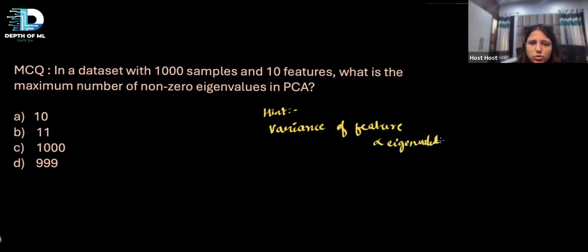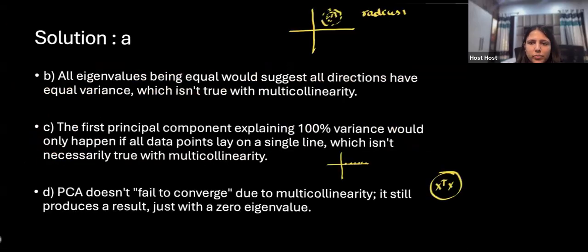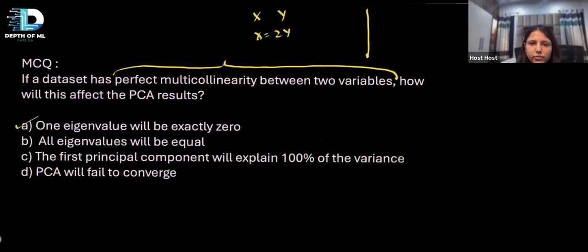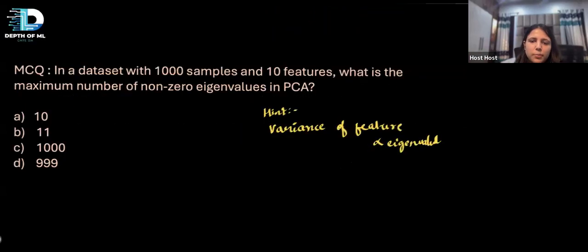So they're asking what is the maximum number of non-zero eigenvalues. We saw that the eigenvalue will be 0 when one of the features is highly correlated, or multicollinearity is there between 2 variables, and one of the eigenvalues will be 0. Suppose all of my features have some variance or are not correlated to each other.